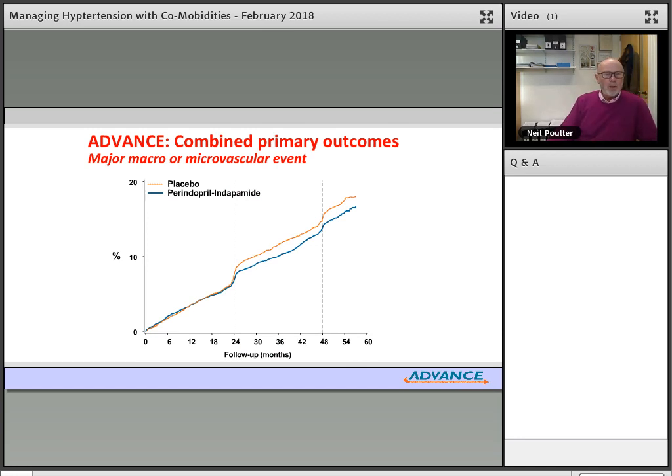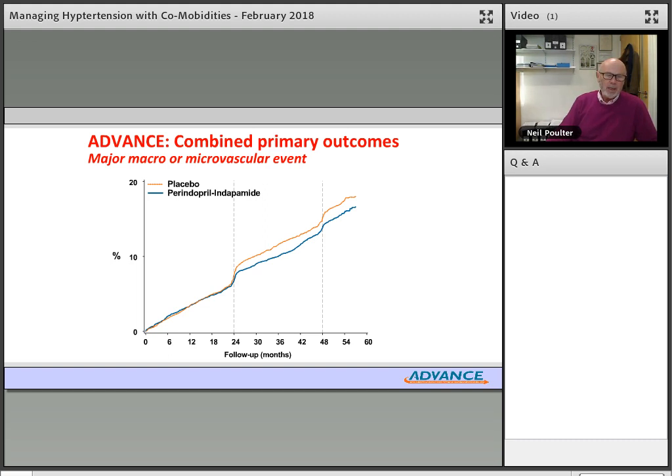The other trial, which was specifically set up to look at patients with type 2 diabetes, this is the ADVANCE trial, whether you are hypertensive or not, you're randomized to placebo or the ACE thiazide-like diuretic indapamide.